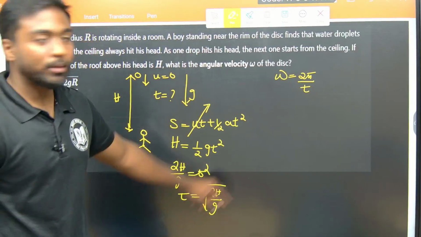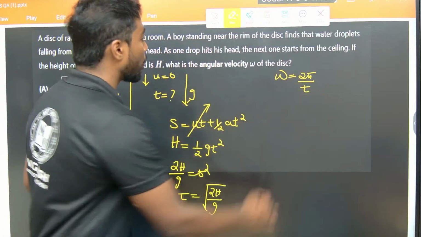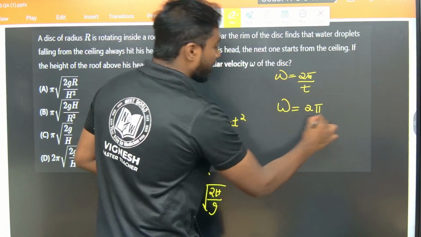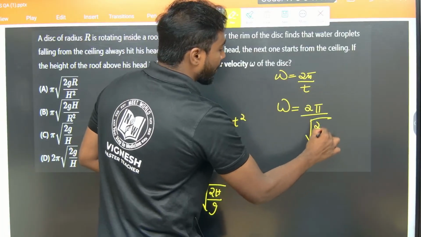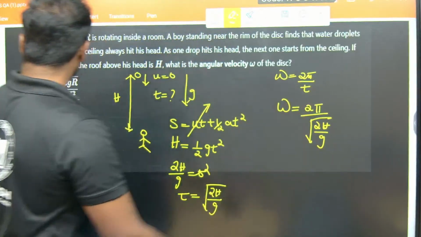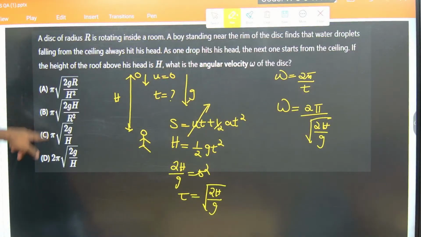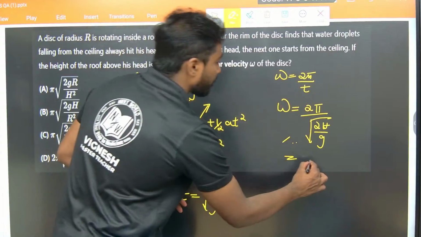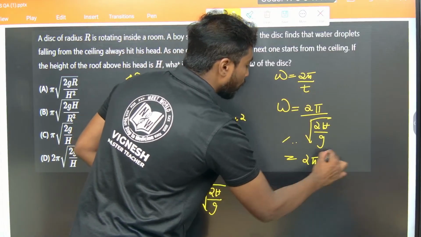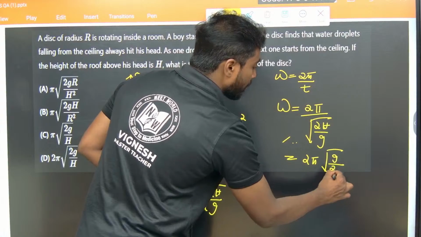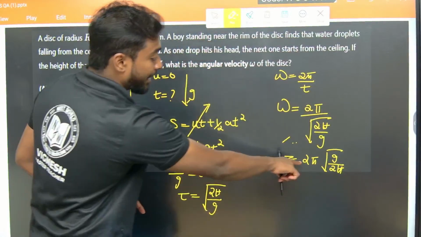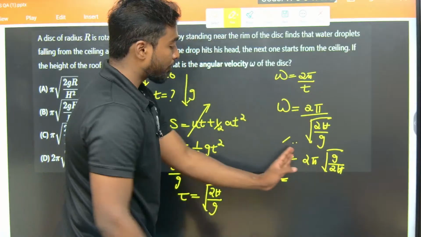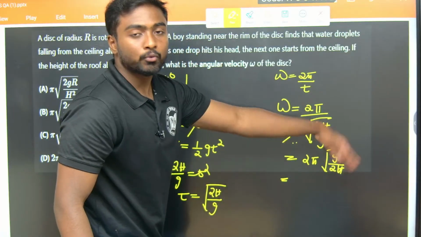Now if you substitute the value of time taken in this equation, I will get the value. So omega equals 2 pi by root over 2h by g. If I reverse this, it becomes 2 pi into root over g by 2h. Take this 2 inside, it becomes 2 square, which is 4.